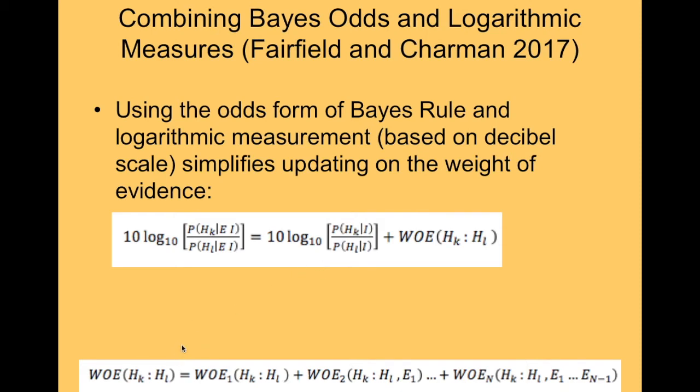And so if we do the weight of evidence of, let's say, we think this evidence favors this hypothesis over that one by, let's say, 30 decibels for this piece of evidence, and maybe it favors the first one by 10 decibels on the second piece of evidence, and maybe by 20 on the third, well, then we can add 30 and 10 and 20, and we'll say that's a total of 60 decibels.